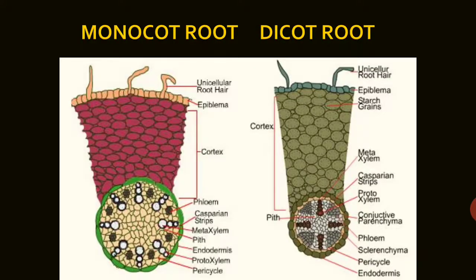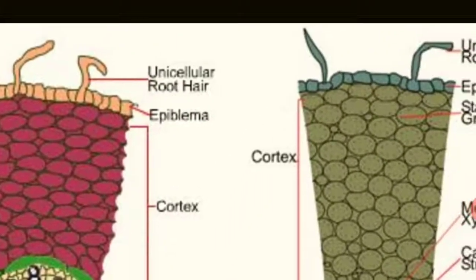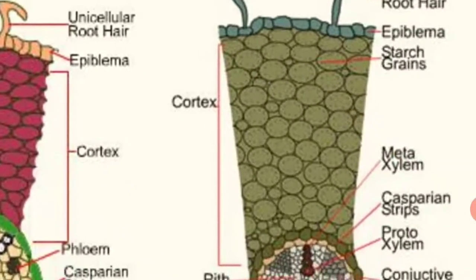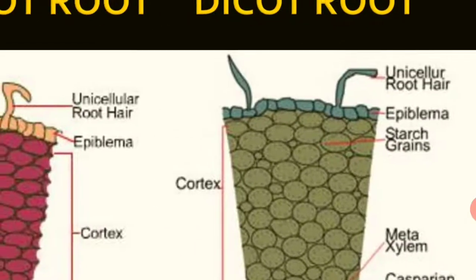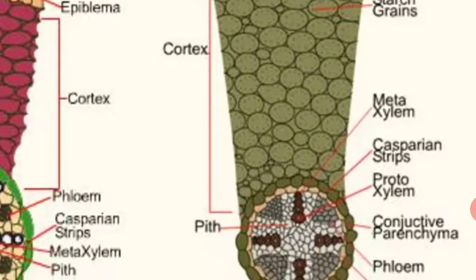If we cut the transverse section of the monocot root and compare it with the dicot root, we find this structure. In this picture, you can see unicellular root hairs in the monocot root, and in the dicot root the unicellular root hair is also there, in place of the epiblema. Starch granules are also there.